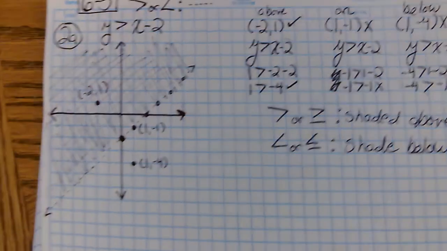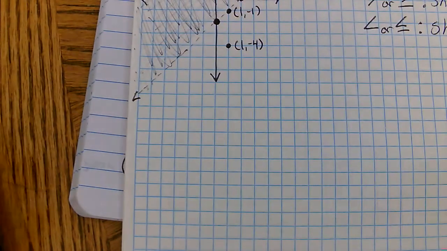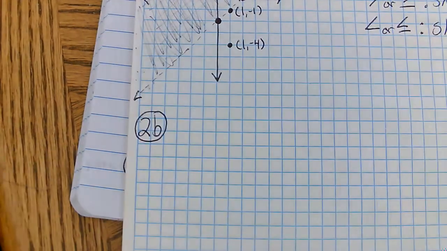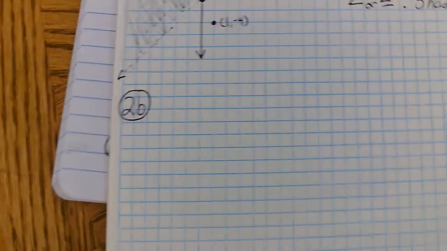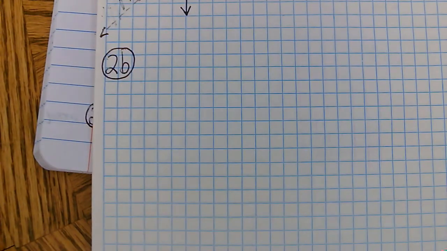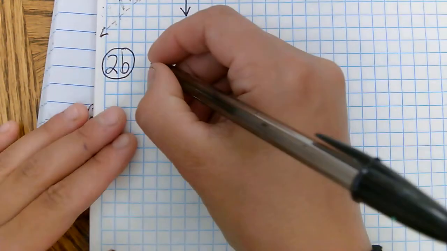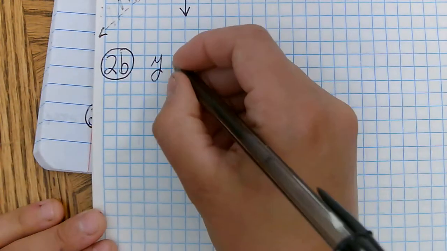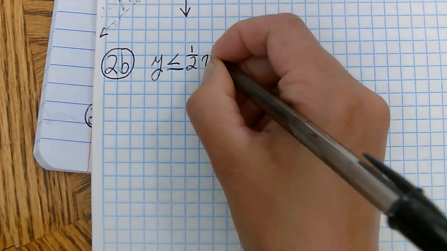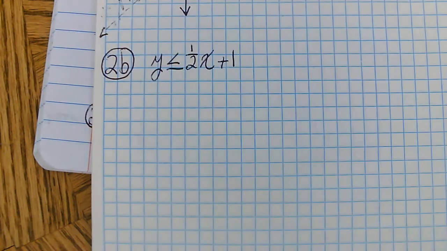Let's try another one. I'm going to head down here and write 2b. Here we go. So again, I'm going to write an inequality. Let's do y is less than or equal to 1/2 x plus 1.